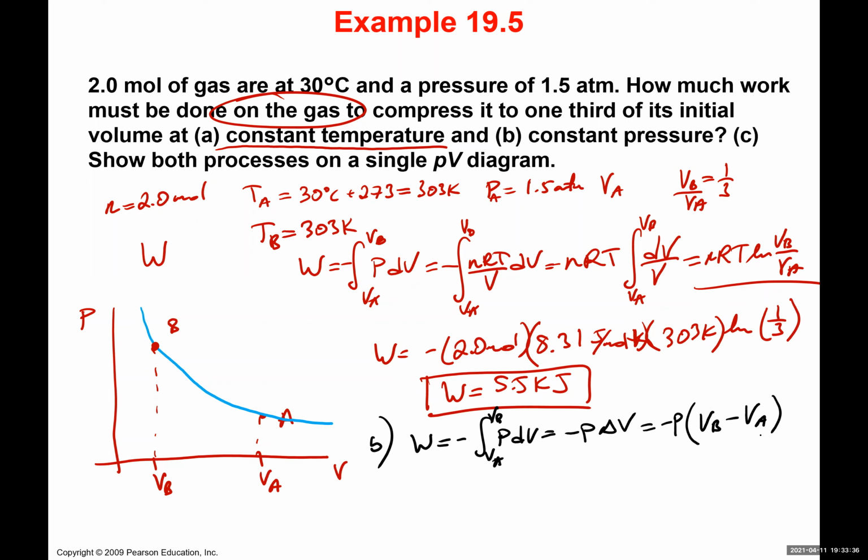We still assume the volume changes to 1/3, so work done is negative P times change in volume. VB is 1/3 of VA, minus VA.